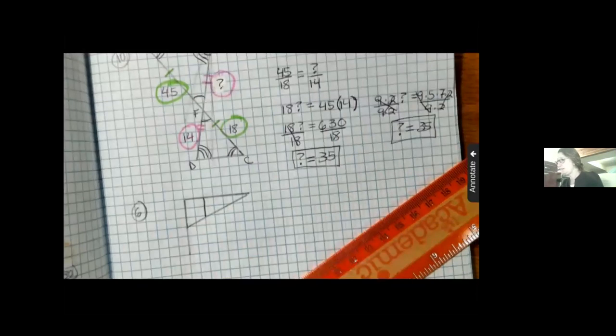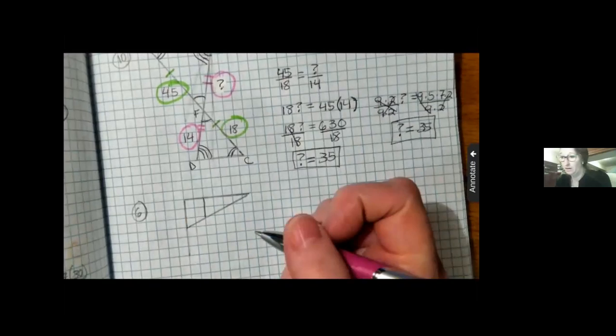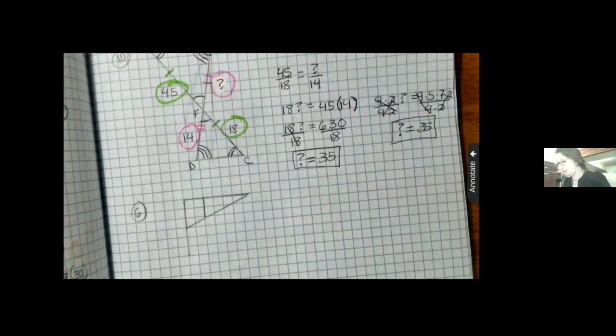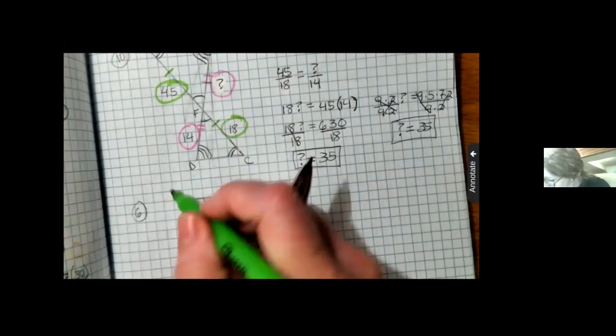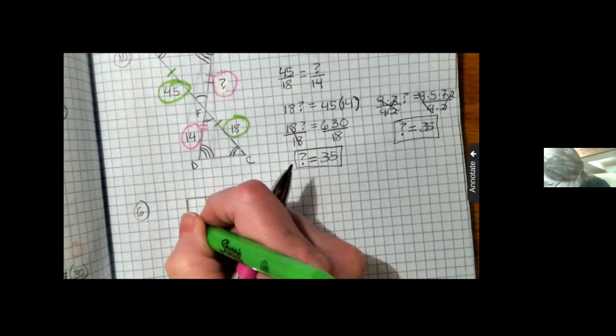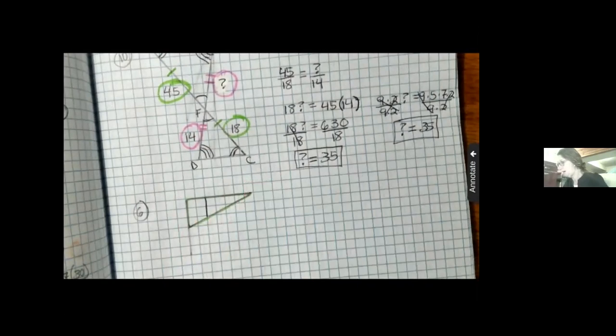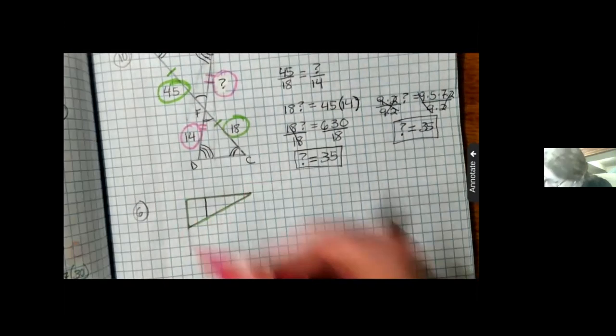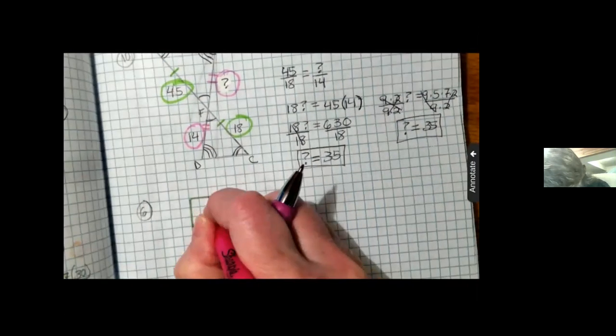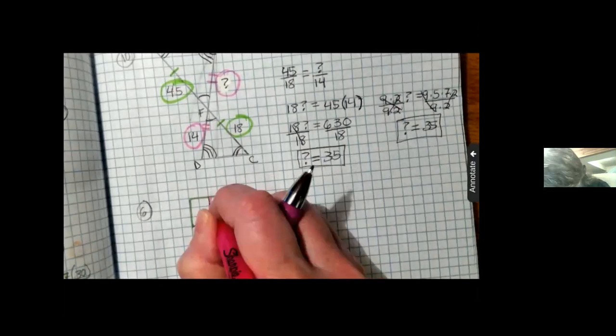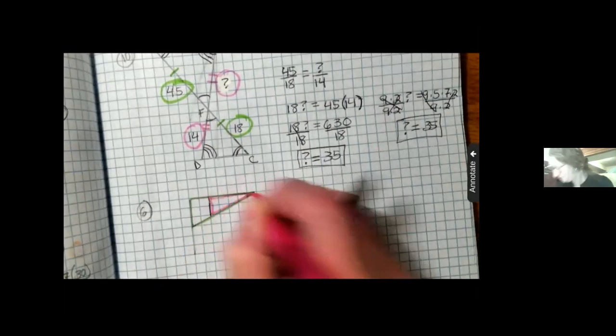Okay, so what do we know? All right, so here's what I want you to see. We have a triangle here, okay? And then we have a triangle here, and it's sitting inside, okay?